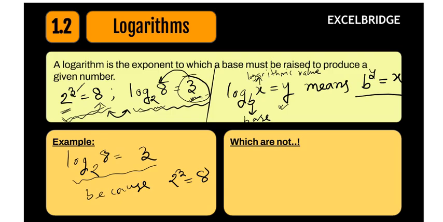An expression or function is not a logarithm if it doesn't involve a log function. So if there is no log function, these are not logarithmic functions. For example, 2 power x is not a logarithm because there is no logarithmic function like log.